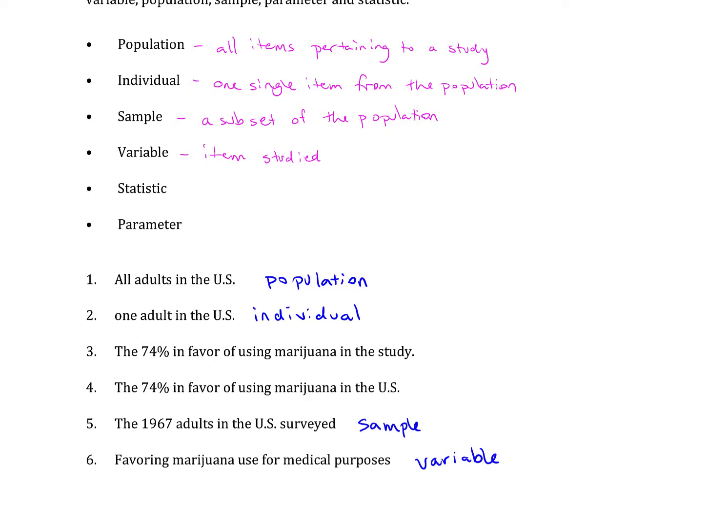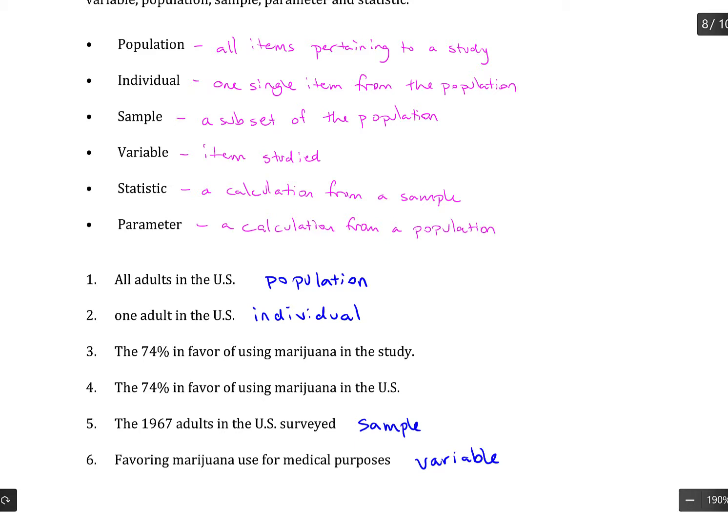And a statistic is a calculation from a sample, and a parameter is a calculation from a population. And often we don't have the entire population, so you don't really do a calculation based off the entire population. So it's more taking the statistic and generalizing that statistic to the entire population that really matters.